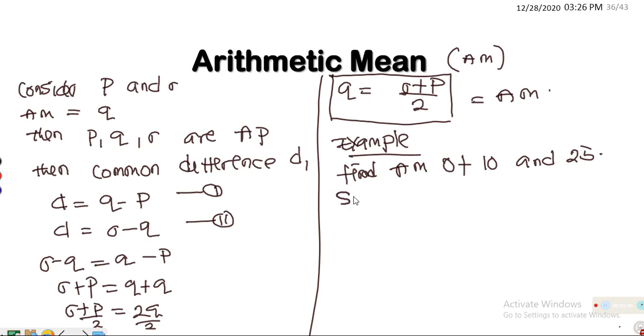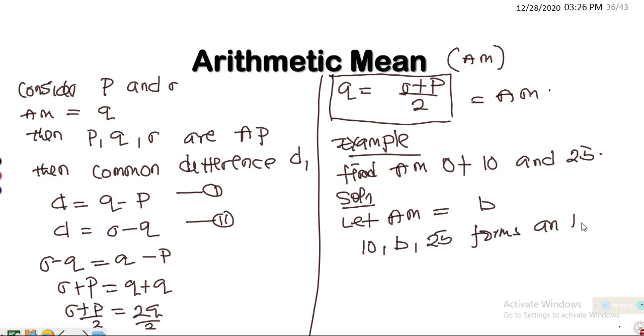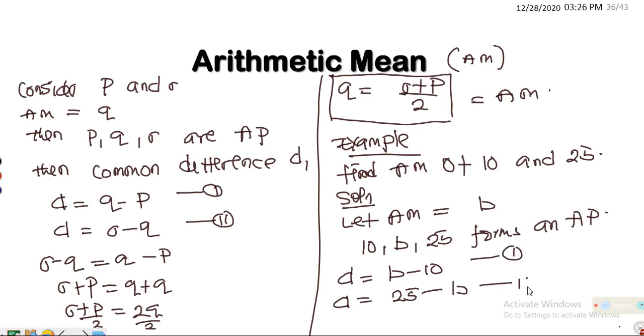Solution: let the arithmetic mean equal B. Then 10, B, and 25 form an AP, and then we can find the common difference. The common difference is B minus 10, and the common difference is also 25 minus B. Call these equation 1 and equation 2.